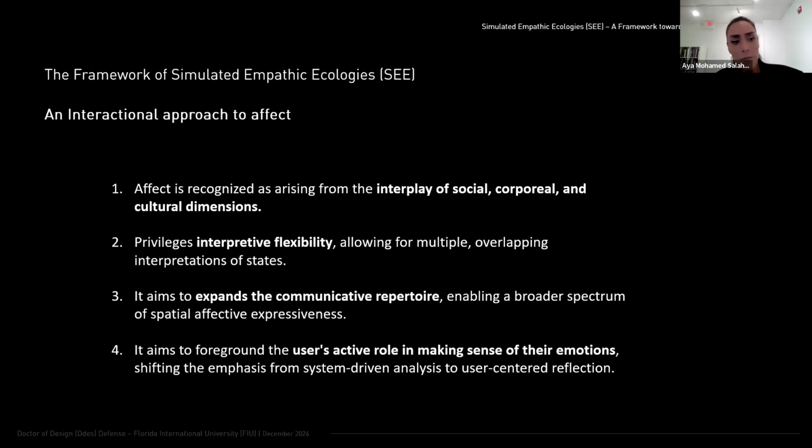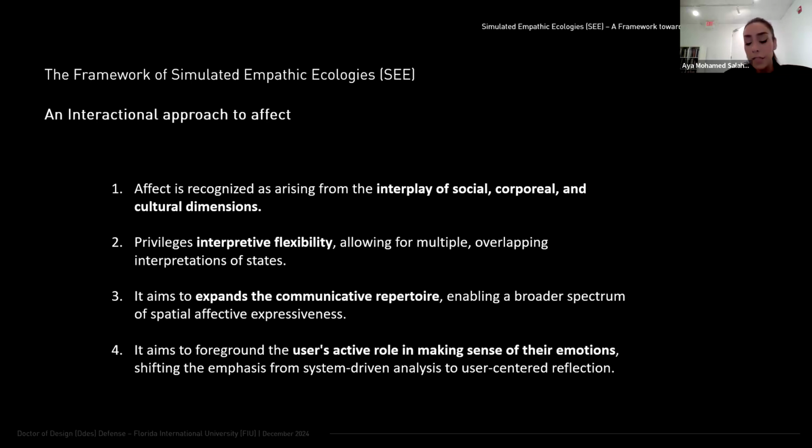So basically, to put it into points here. Affect in an interactional approach is recognized as arising from the interplay of all the social, corporeal, and cultural dimensions. It also privileges interpretive flexibility, so it allows for multiple interpretations of states.